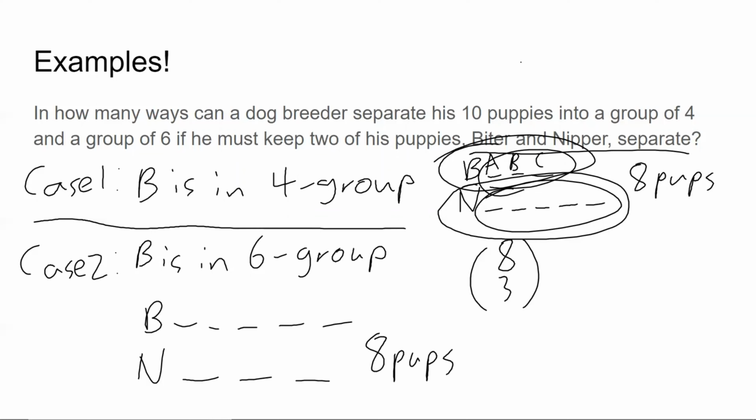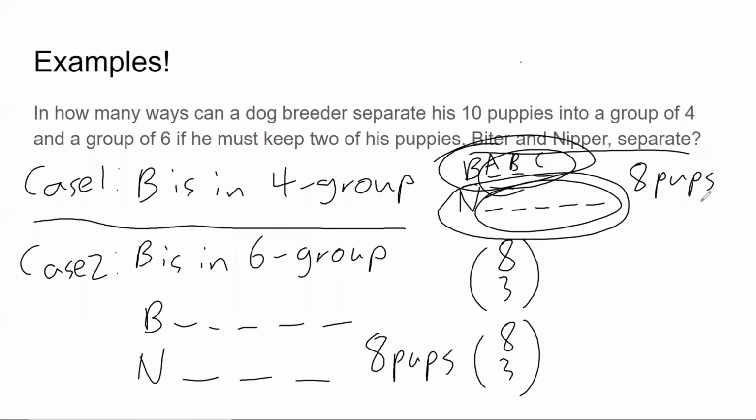And you'll start to notice that case 1 and case 2 actually look a lot similar. There's virtually no difference between case 1 and case 2. We just switched where the B and the N are. So just like in case 1, in case 2, we also have 8 choose 3 ways.